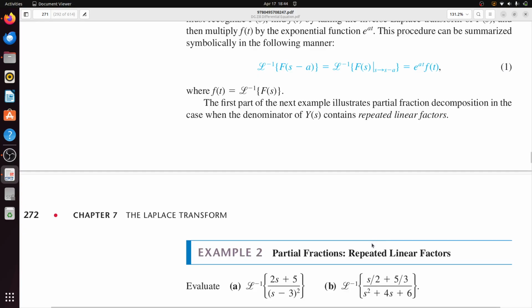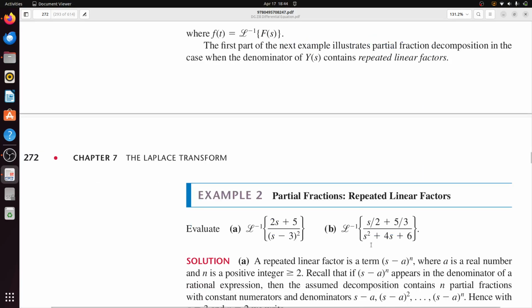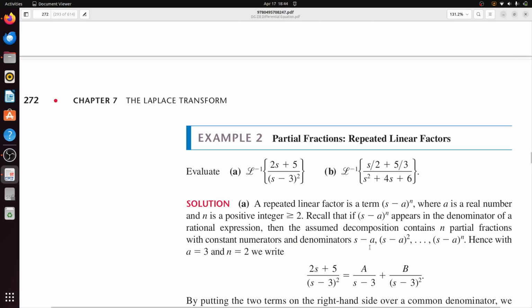Now there is a very nice example here: (2s plus 5) divided by (s minus 3) whole square. This equals a by (s minus 3) plus b by (s minus 3) whole square.